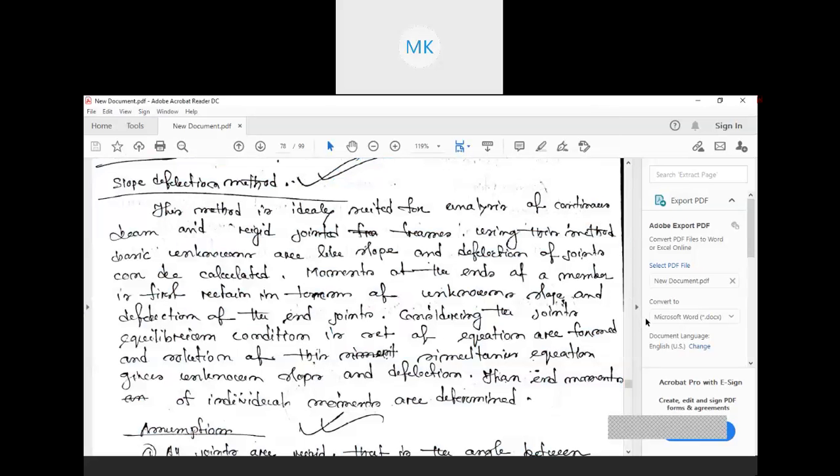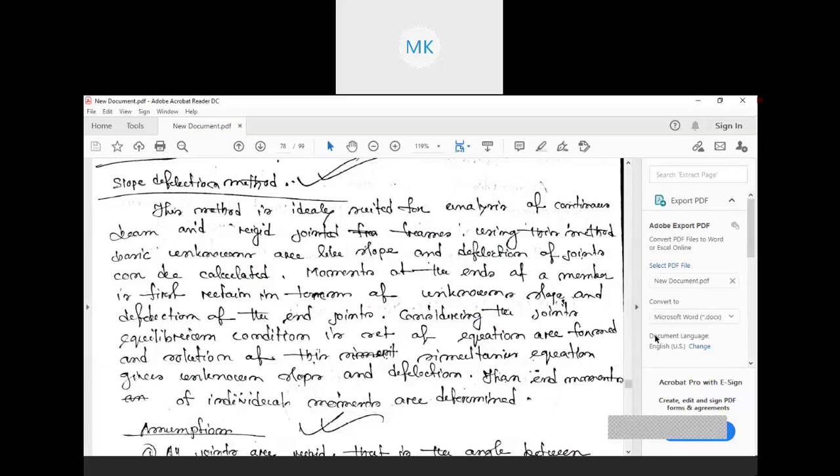As you can see here, this method is ideally suited for analysis of continuous beams and rigid jointed frames. Using this method, basic unknowns like slope and deflection of joints can be calculated. Moments at the ends of a member are first expressed in terms of unknown slope and deflection of the end joints.